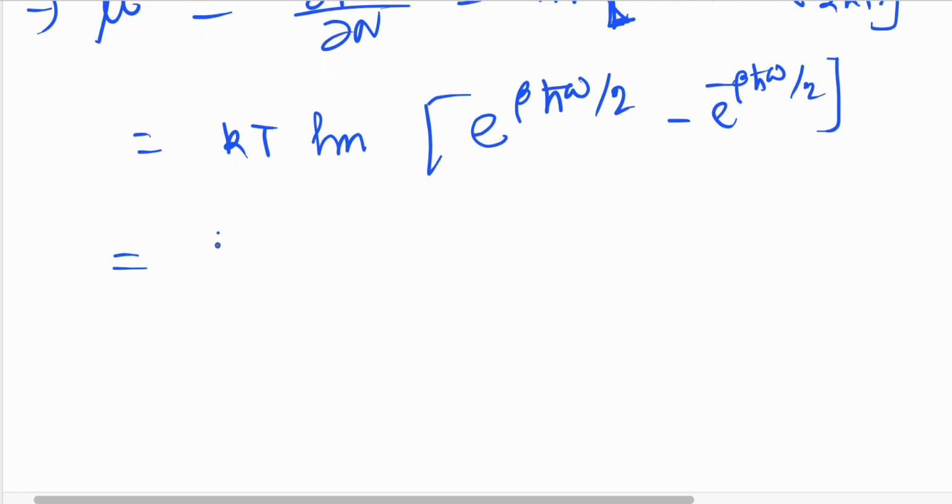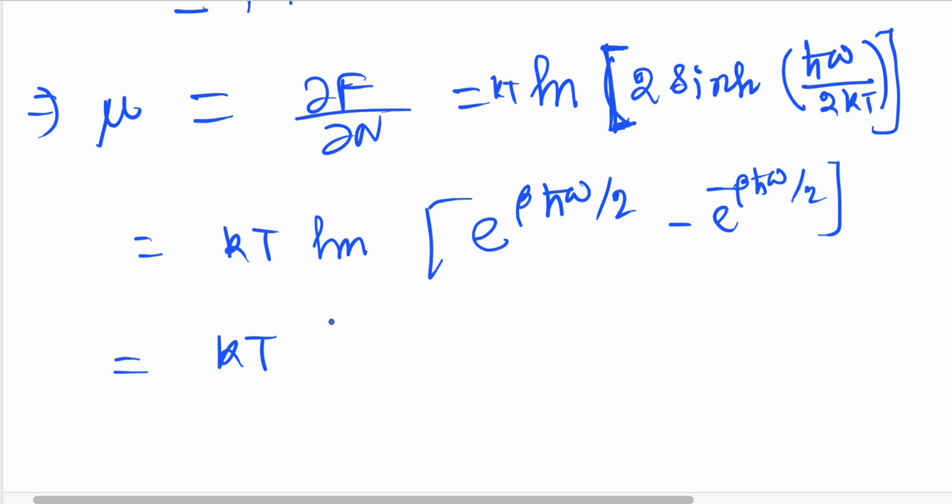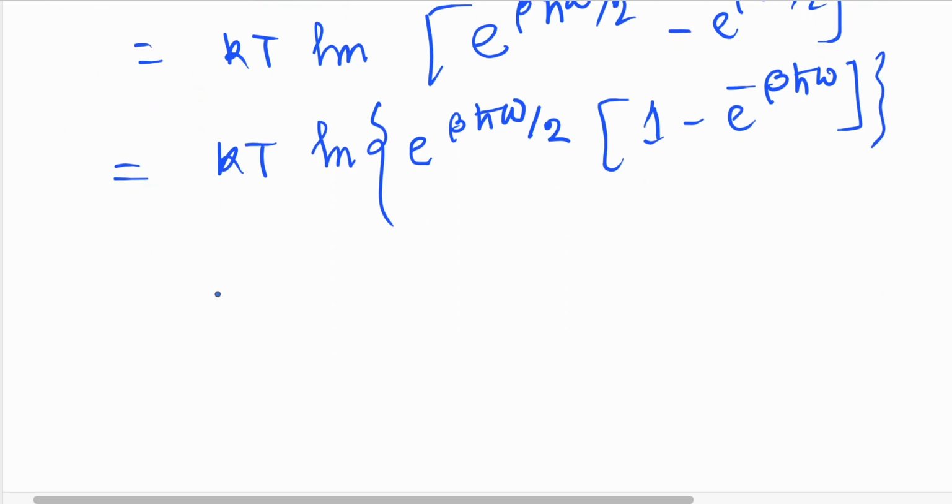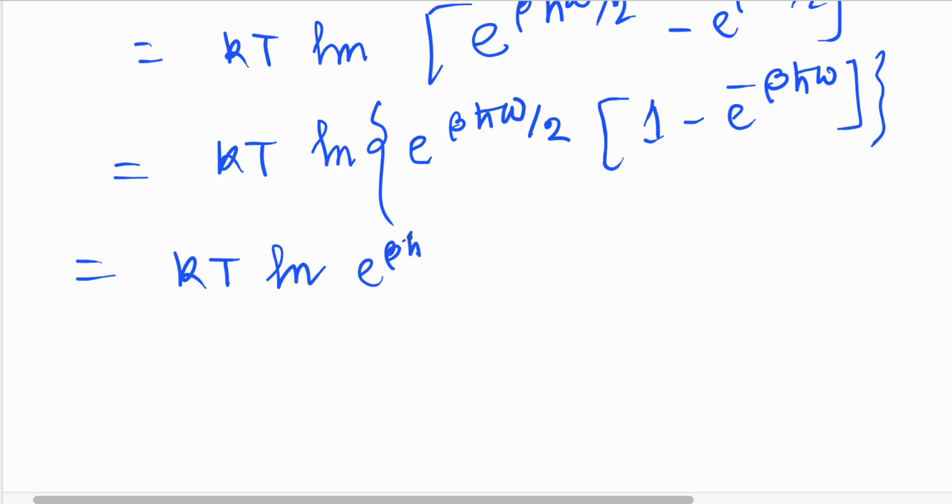So if I take e to the power beta h cut omega by 2 common, it will be 1 minus e to the power minus beta h cut omega. So that means kT ln e to the power beta h cut omega by 2 plus kT ln of 1 minus e to the power minus beta h cut omega.